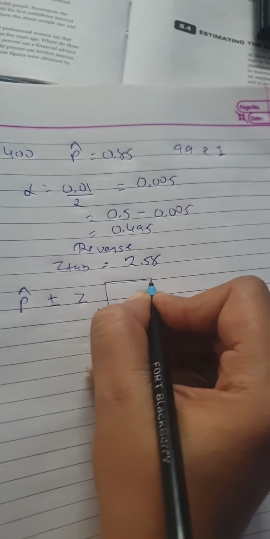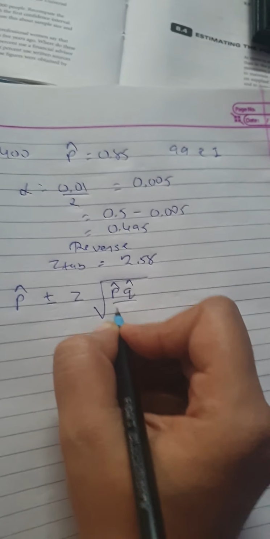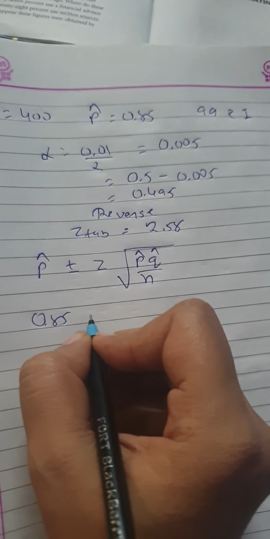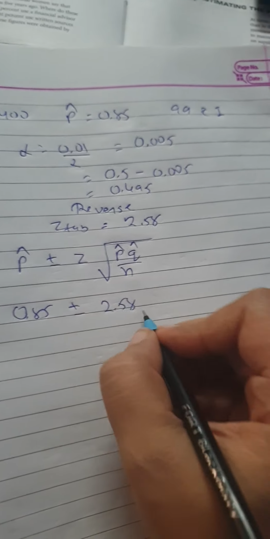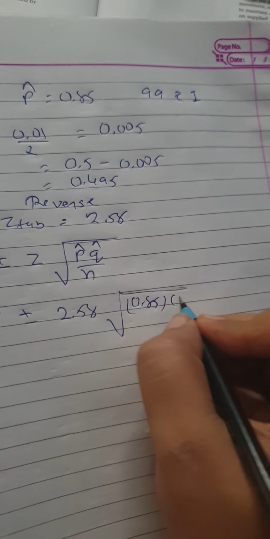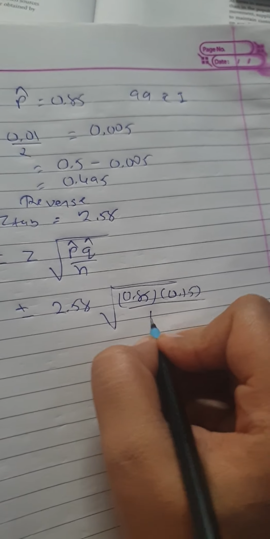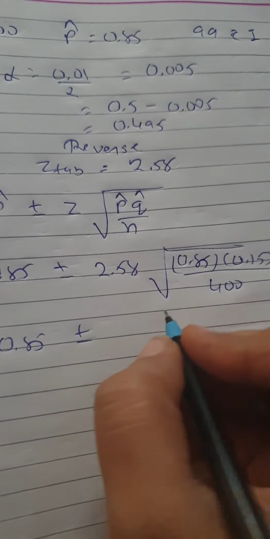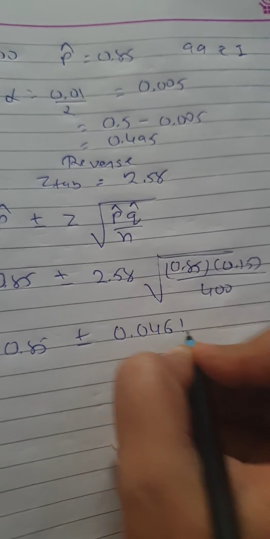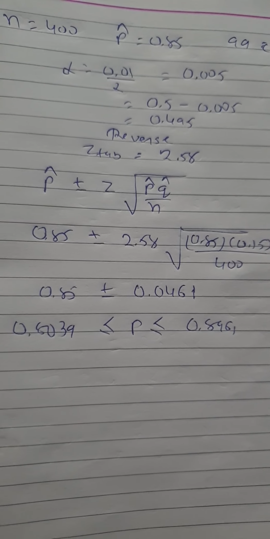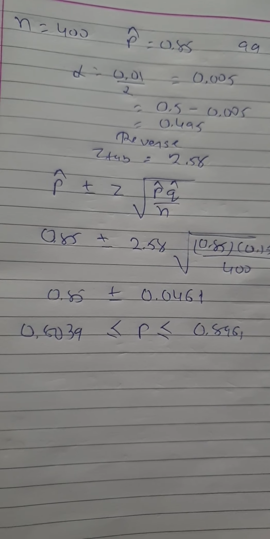Now again the formula, P cap plus or minus Z under root P cap into Q cap upon N. So your P cap is 0.85 plus or minus 2.58 under root 0.85 into 0.15 upon 400. So 0.85 plus or minus 0.0461. So your final answer will be 0.8039 to 0.8961.